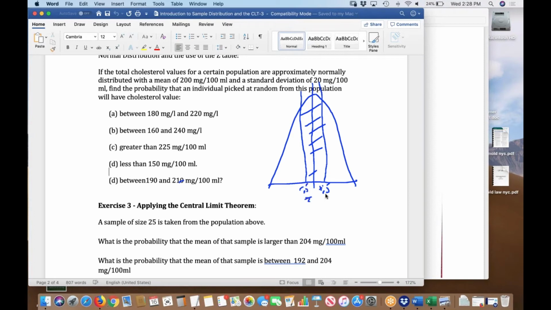When I look up those two z-scores, each one of them is going to give me an area from that point down.